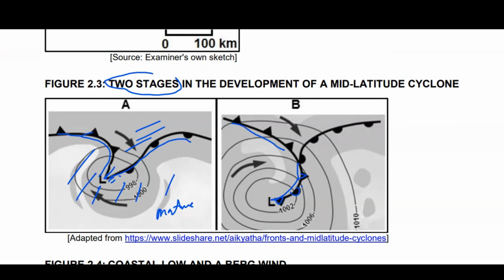You can see that within the occlusion stage, the pressure starts to rise again. Do you understand that, learners? So when you study this diagram, you will know that at least stage A is mature, stage B is occlusion. Before you look at the questions, you have already answered the questions before you even see them. Do you understand that? This makes geography very interesting.